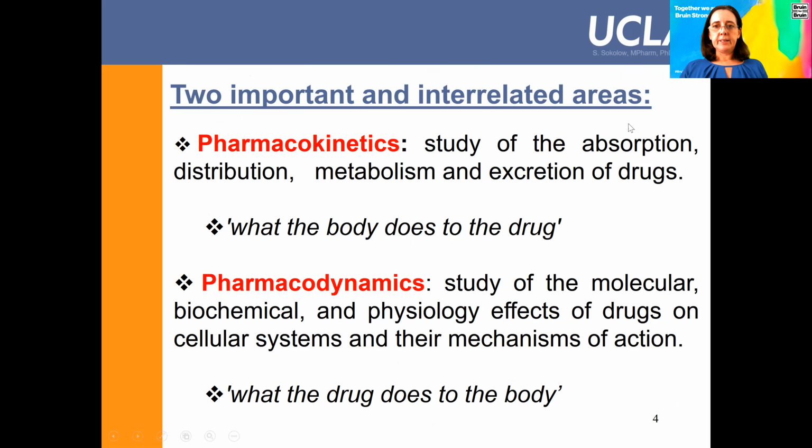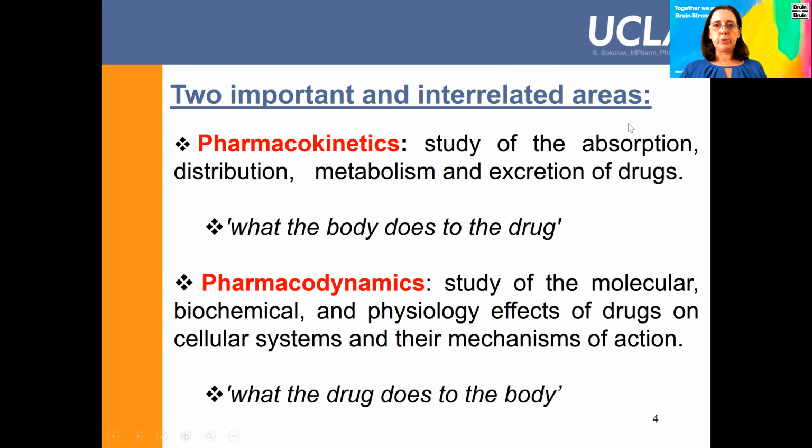So, what are those two areas? Pharmacokinetics is defined as the study of the absorption, distribution, metabolism, and excretion of drugs, also known as ADME. And it can be summarized in one sentence: what the body does to the drug.